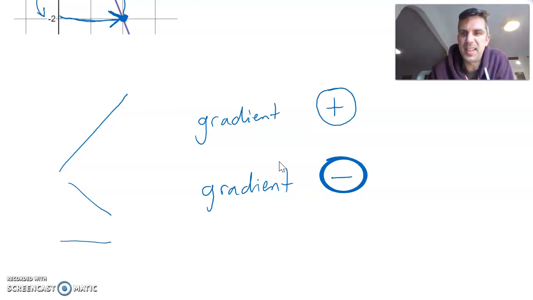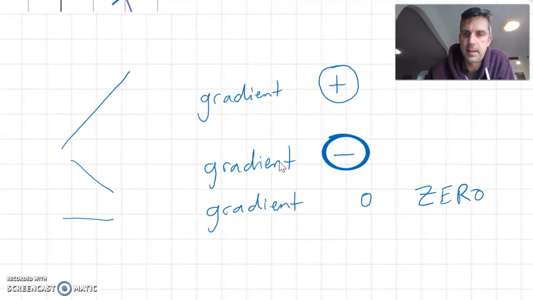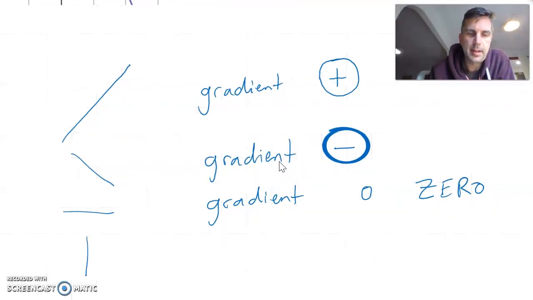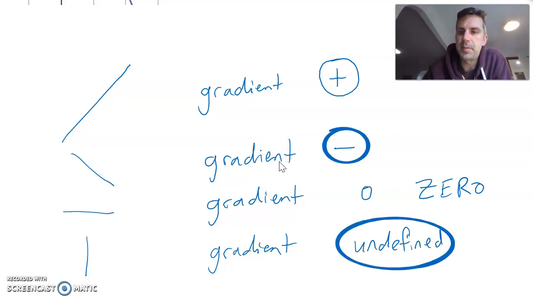If the line is flat, so horizontal, that actually means that the gradient is 0. And the last one, if the line is straight up and down, that means that the gradient is actually, weirdly enough, not defined. It cannot be calculated. So there's a few different possibilities for the gradient there.